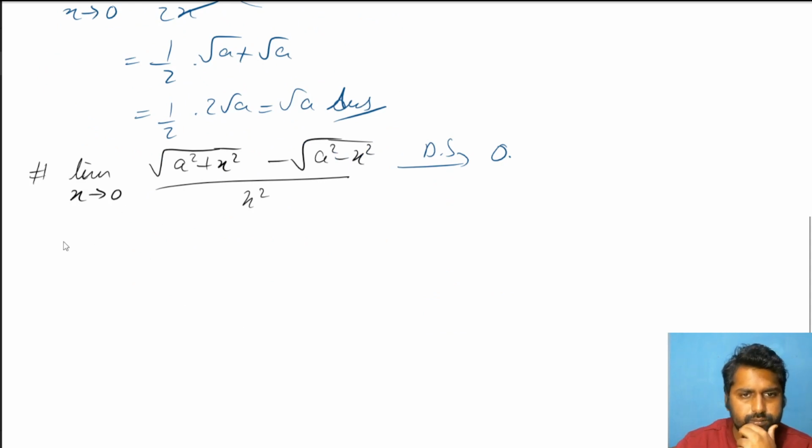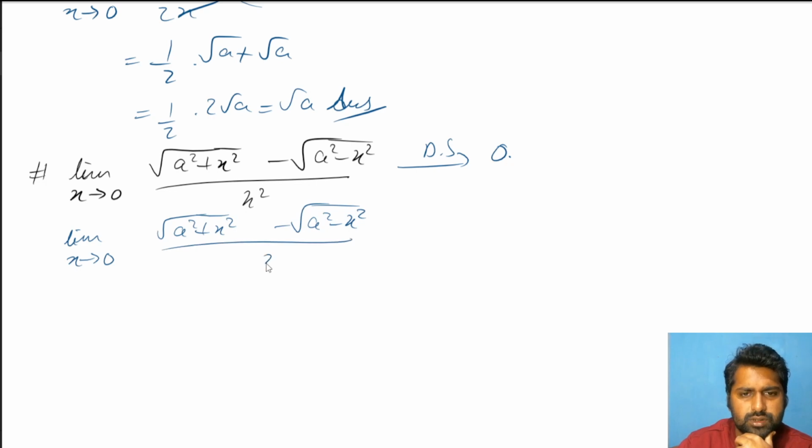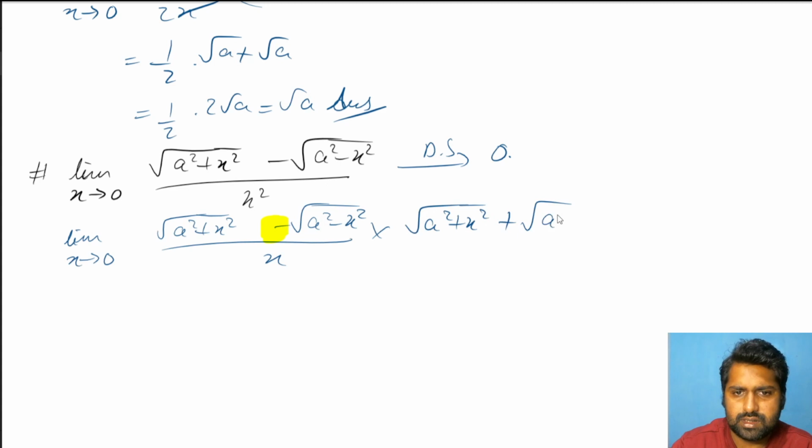So rationalize. Let's copy the question first, then multiply by changing this sign. So a square plus x square plus a square minus x square.